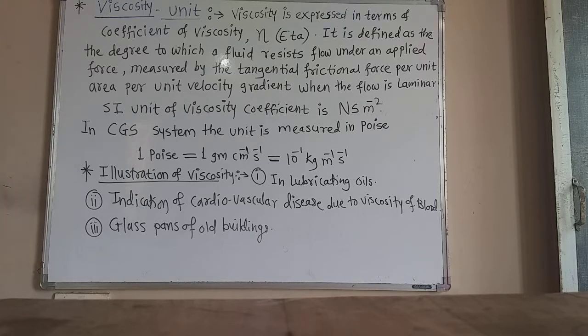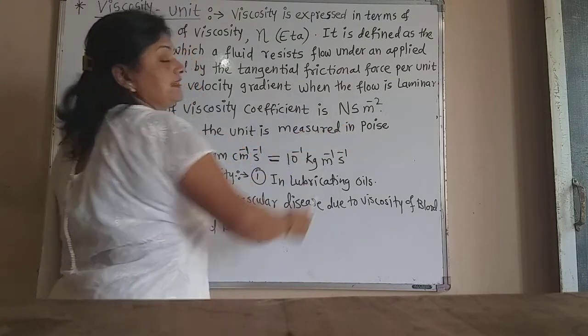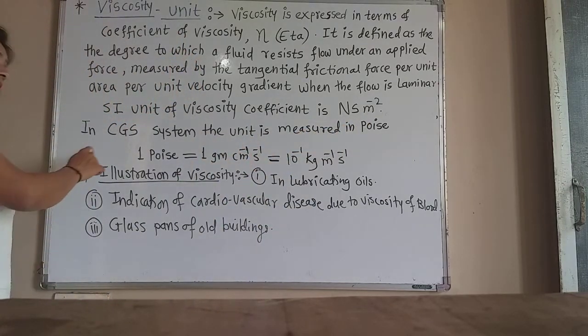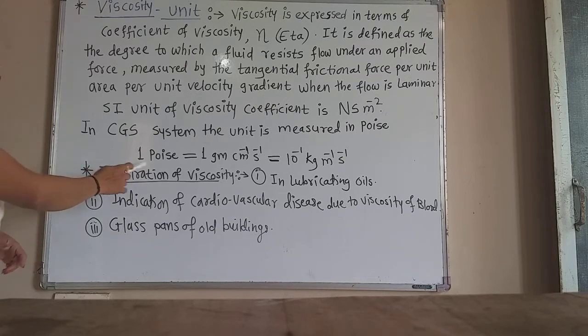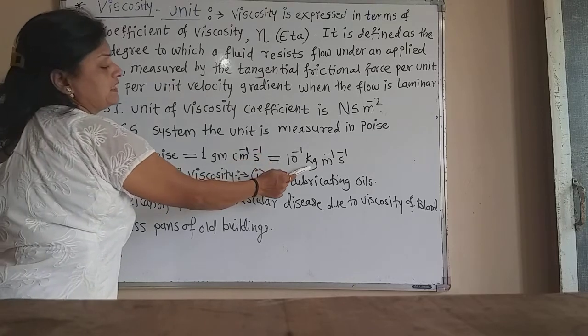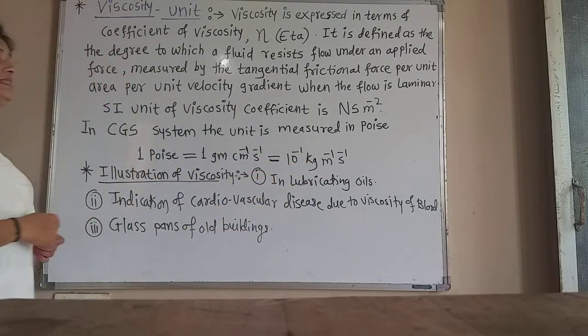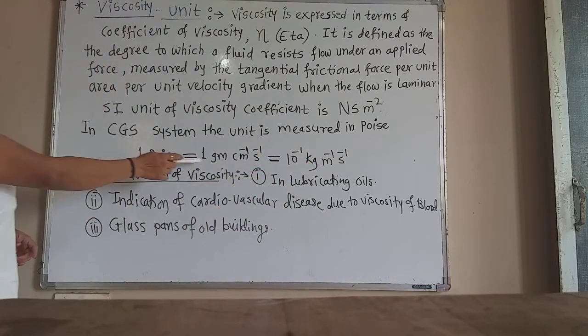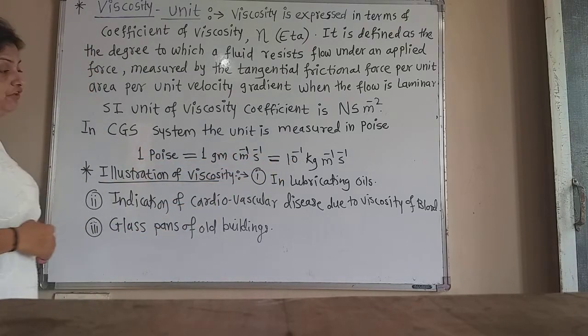Now the SI unit of the viscosity coefficient is Newton second per meter square. In the CGS system the unit is poise. Now 1 poise is equal to 1 gram per centimeter per second, or 10 raised to minus 1 kilogram per meter per second. Now 1 gram is equal to 10 raised to minus 3 kilogram, and therefore these are the units in the CGS system.